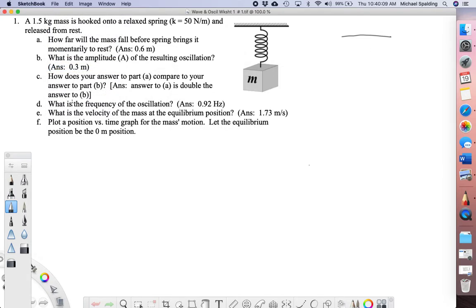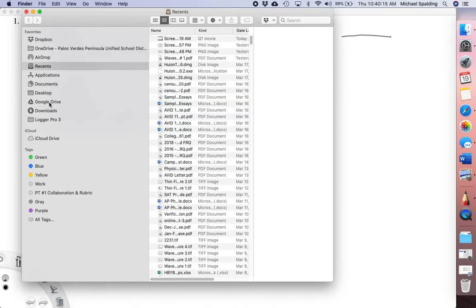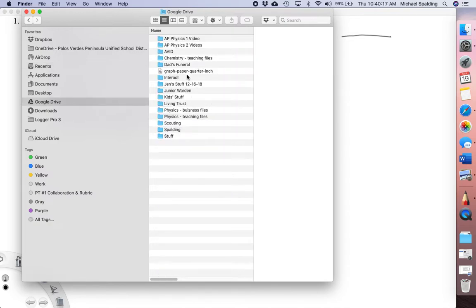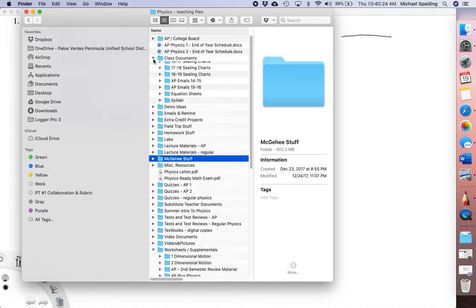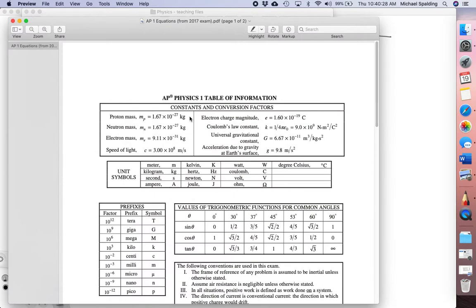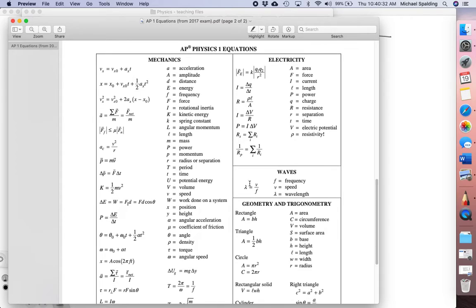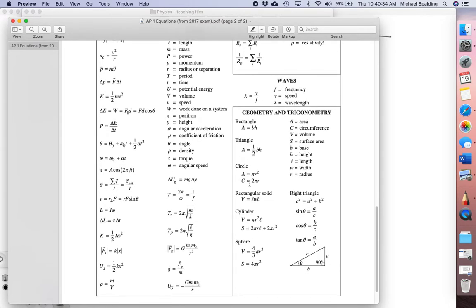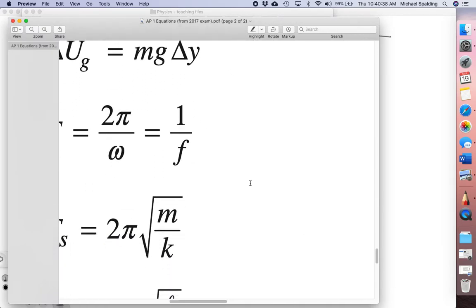So there's an equation for this. In fact, here, I'll show you on the College Board equation sheet. We'll just take a quick look here. So on the College Board equation sheet, you don't have to memorize this equation, but there is an equation, zoom in right here.